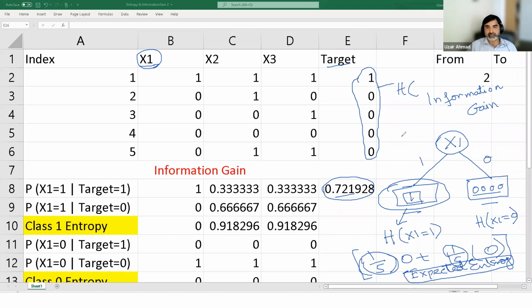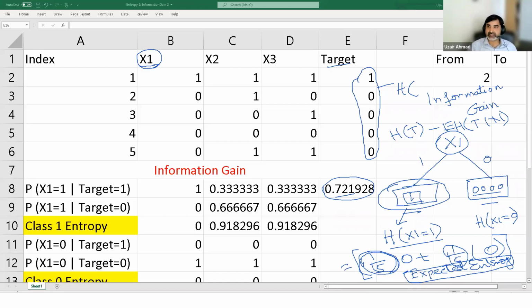Information gain is the entropy of the target minus the expected entropy of the target given x1. So when we know information about x1, the target set will be split into multiple subsets. For every subset, we calculate its entropy, multiply it with the weight of the subset, and then add all the weighted entropies. We get a number.